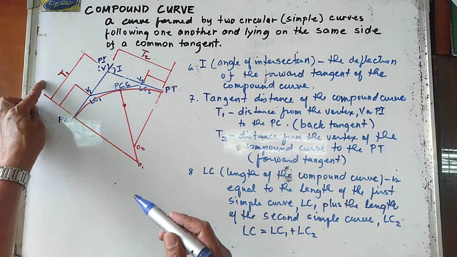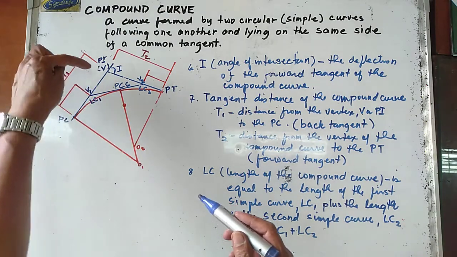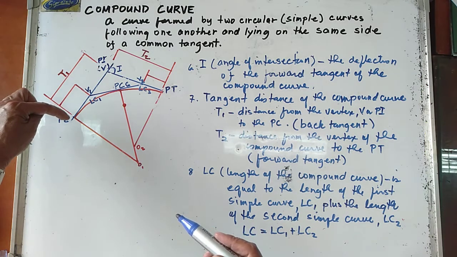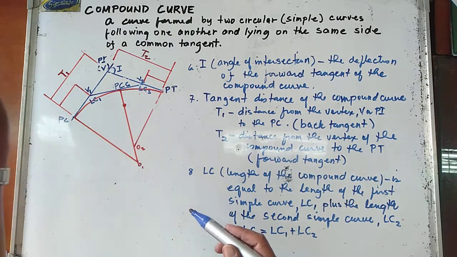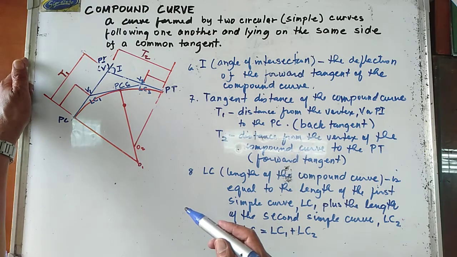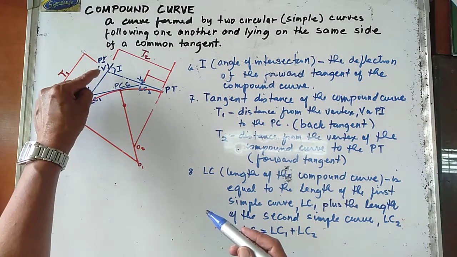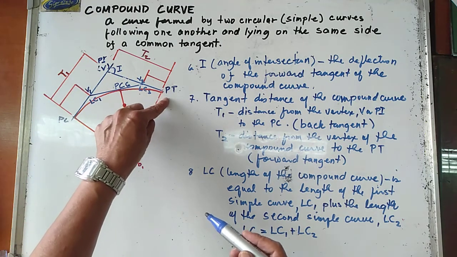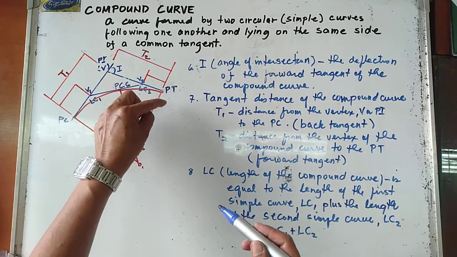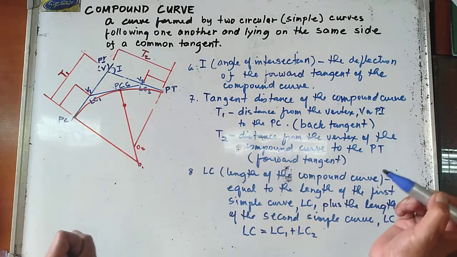Your T1 here is the tangent distance from the vertex of the compound curve to the PC of the compound curve, and this tangent is known as the back tangent. Your T2 is the distance from the vertex to the PT of the compound curve, and this tangent is known as the forward tangent.